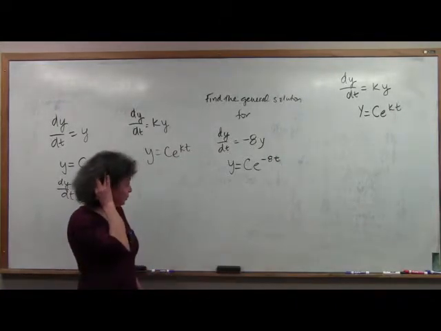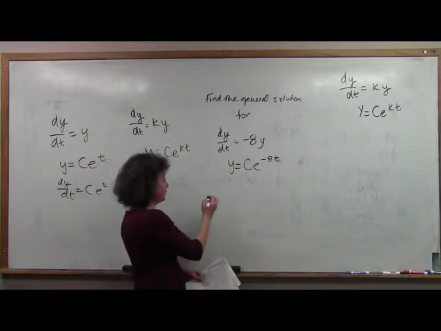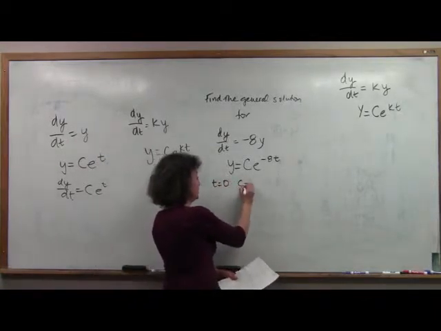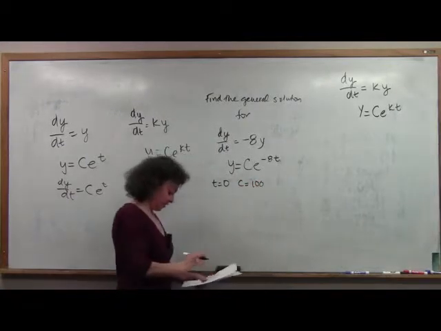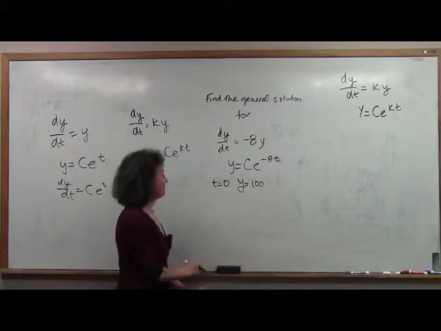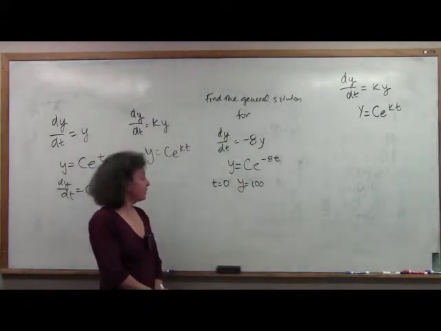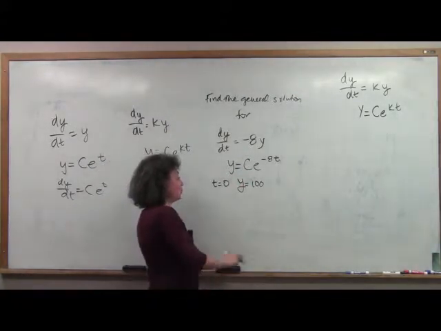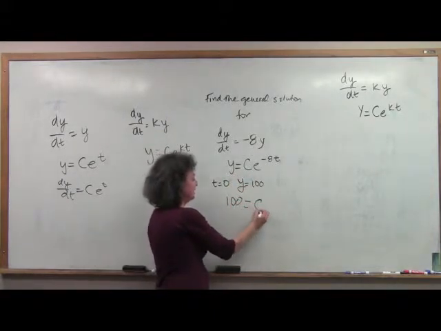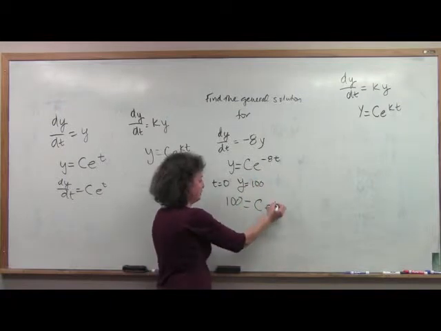Now, I could give you a further piece of information. What if I say, hey, when t equals 0, y is 100? Okay? This is another one of those initial values. Well, we can plug this in. We could say 100 is c e to the 0 power.